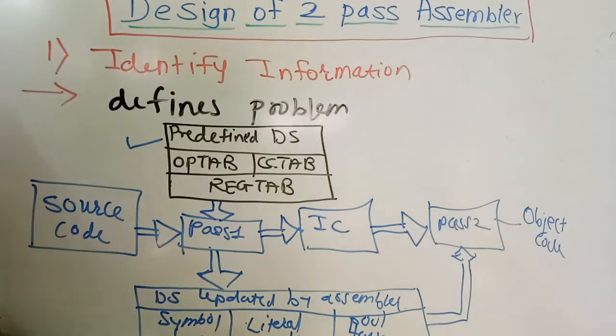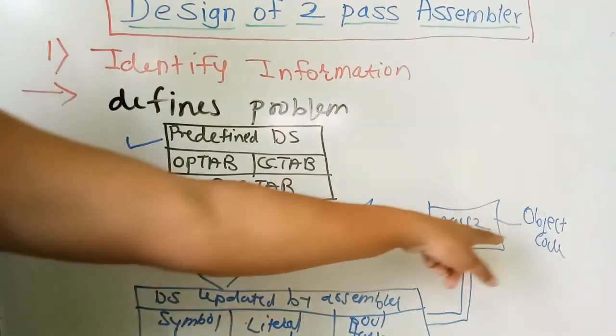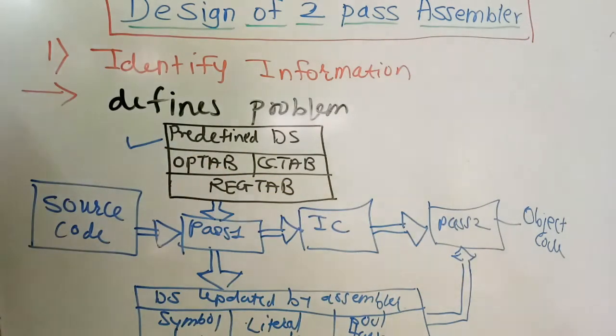And after taking the help of these data structures, it will generate the object code. So this is the collective procedure of how to identify the information necessary to perform any task.